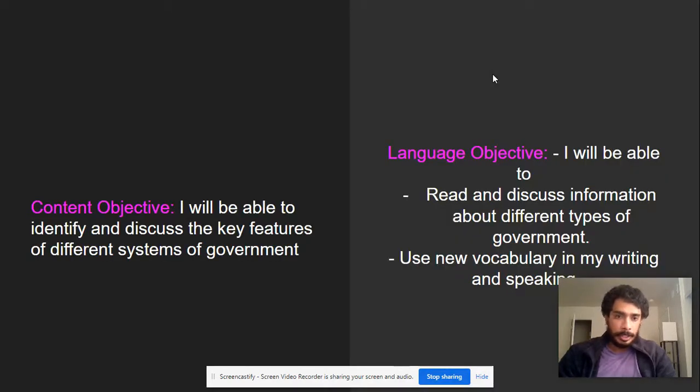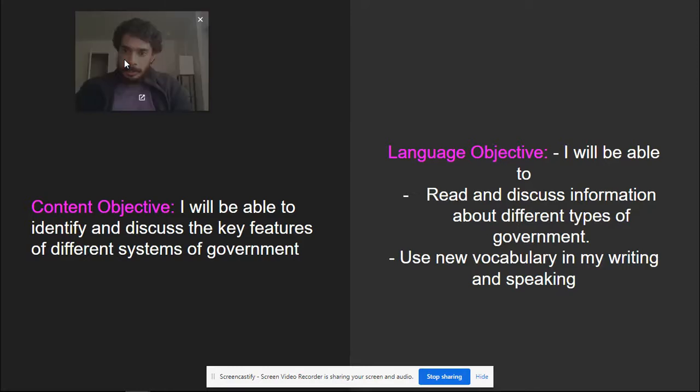For today, our objective is that you're going to be able to identify and discuss the key features of different systems of government. The language objective is that you're going to be able to read and discuss information about different types of government, and you're going to use new vocabulary in writing.